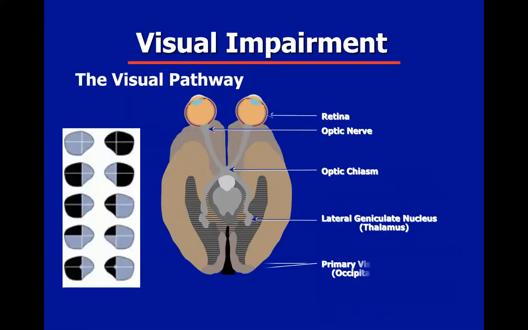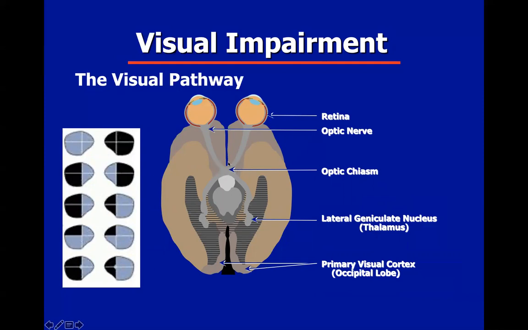Now, when we talk about the visual pathway, as we mentioned, we have what we refer to as the retina. From the retina, it goes to the optic disc. From the disc, it goes to your optic nerve. Then, of course, they decussate at the optic chiasm, very important.